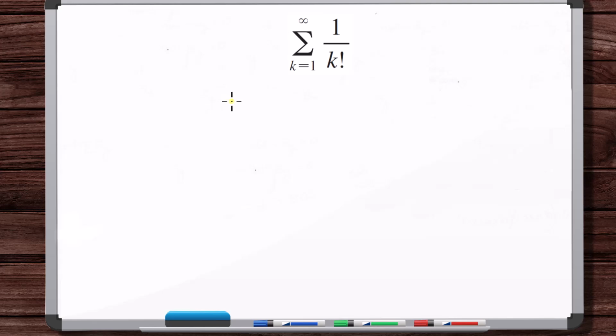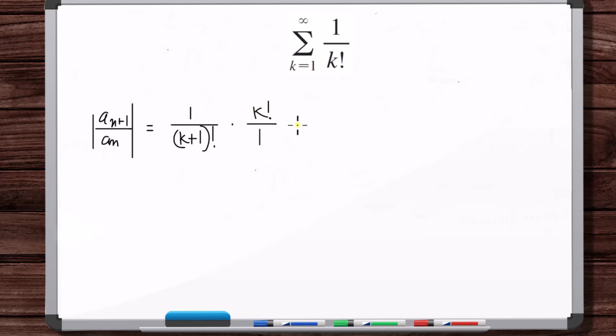Okay, let's use the ratio test again. And as far as the absolute value goes, this is never negative, k factorial. All right, so we can just take out the absolute value, and we've got one over k plus 1 factorial, and then we're dividing by a sub n.